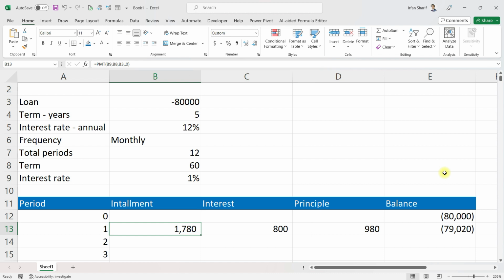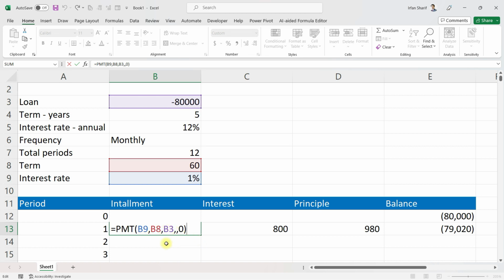Now all you need to do is to copy paste this formula to the cells below. But before you do that, please keep in mind we have to make the cell references absolute where needed. So if I just select this installment formula and press F2 on my keyboard, the formula will open and you can see which cells have been used.